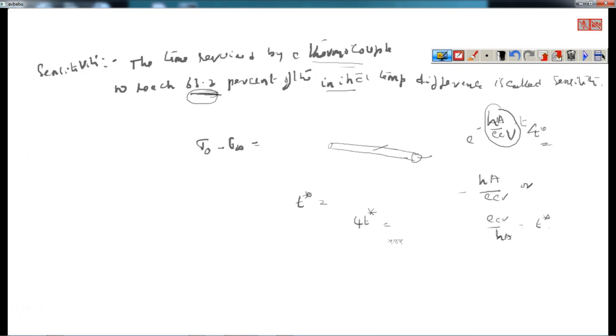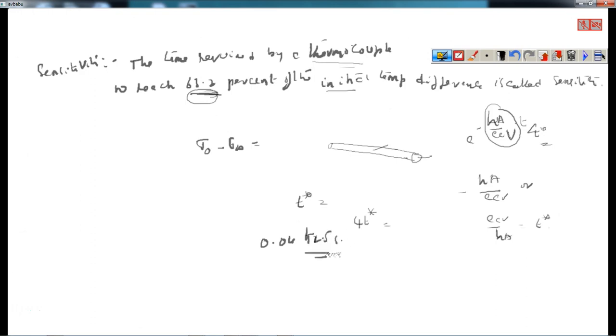Normally, the time constant for a thermocouple varies from 0.04 seconds to 2.5 seconds.